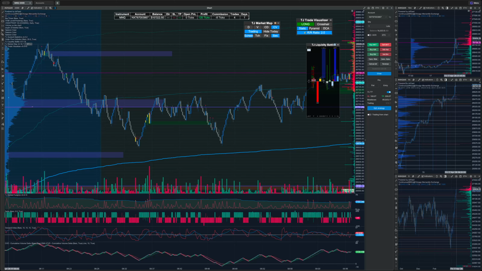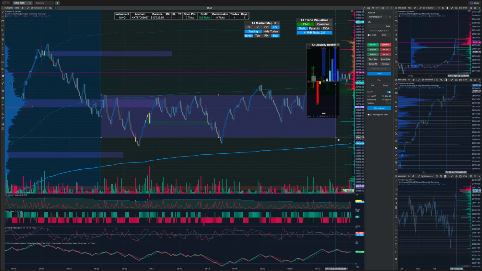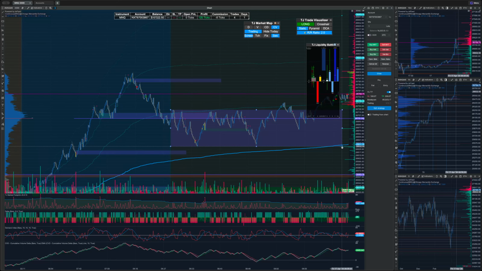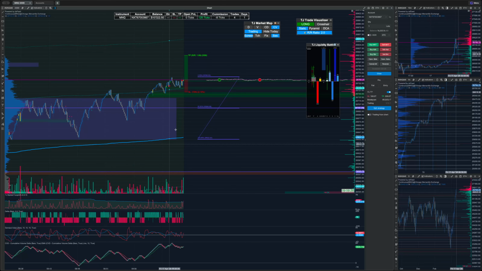So this one here was the initial range from here to here, and then sub.